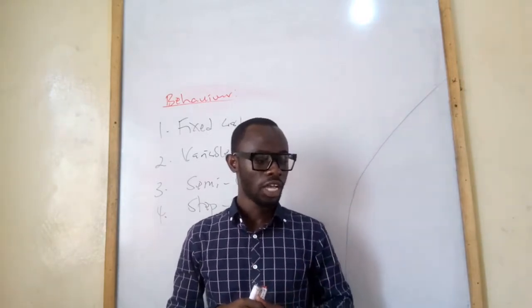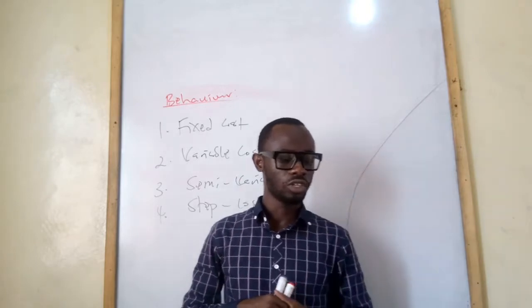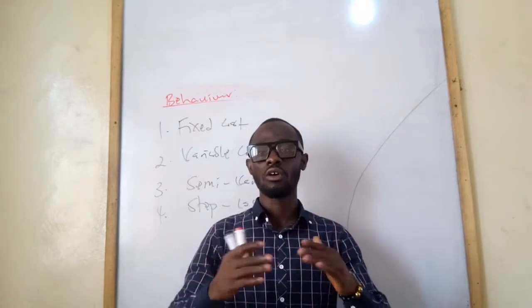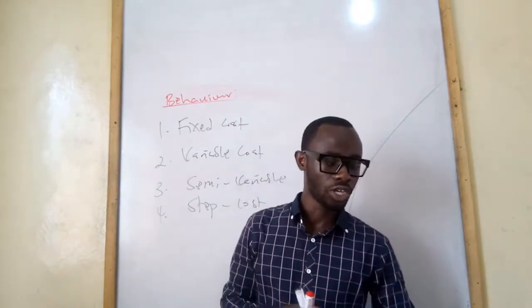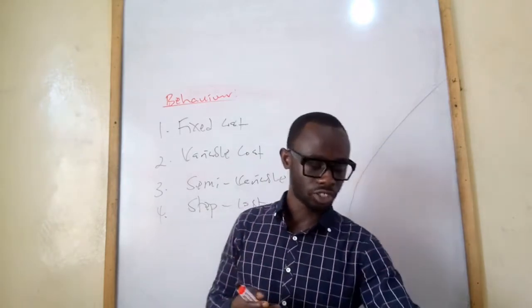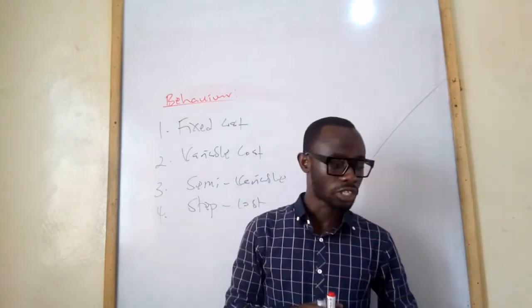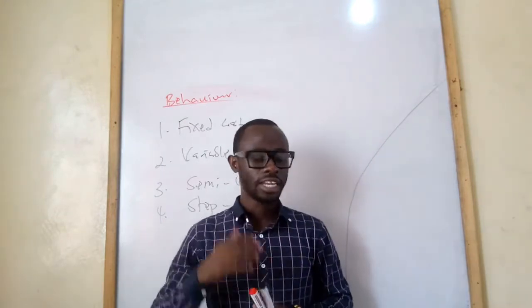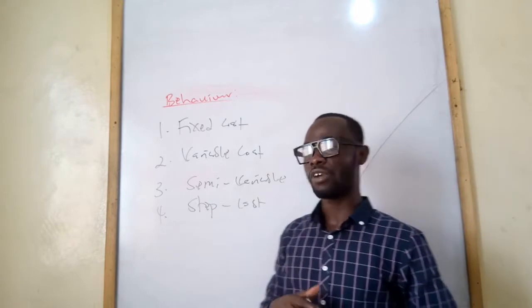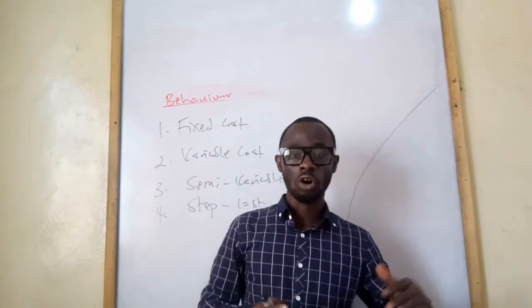So examples of semi-variable cost can include electricity and gas bill. The fixed cost will include a standing charge, that is what you are going to pay, and then the variable cost will include the charge per unit of the electricity that you used. Then salesman salary.